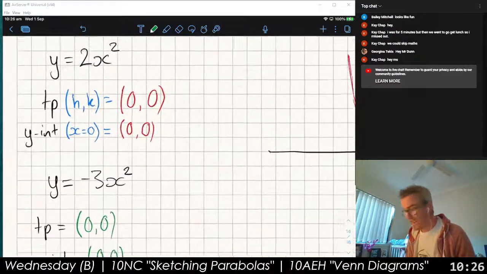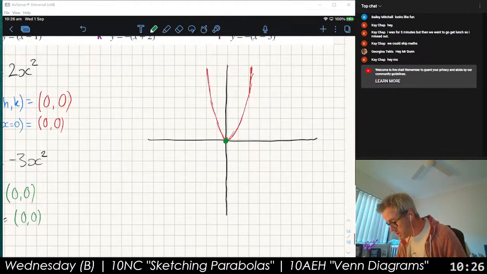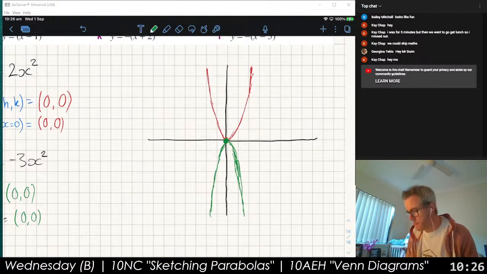It's also going to go down. So I'm going to sketch it something like that. Notice how I'm just roughly doing a line, like so. That's how I'm going to sketch it.